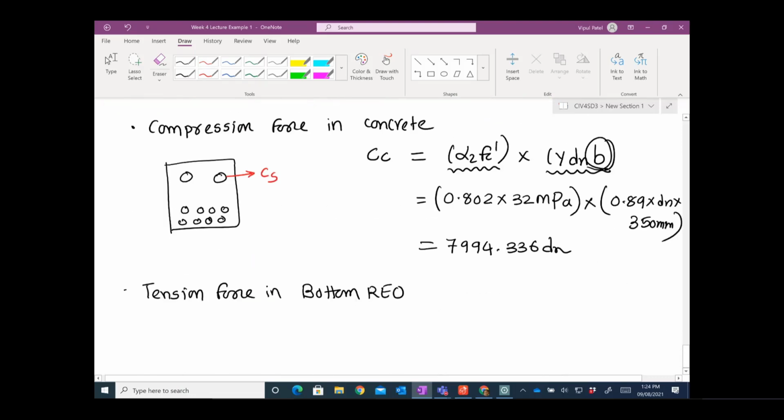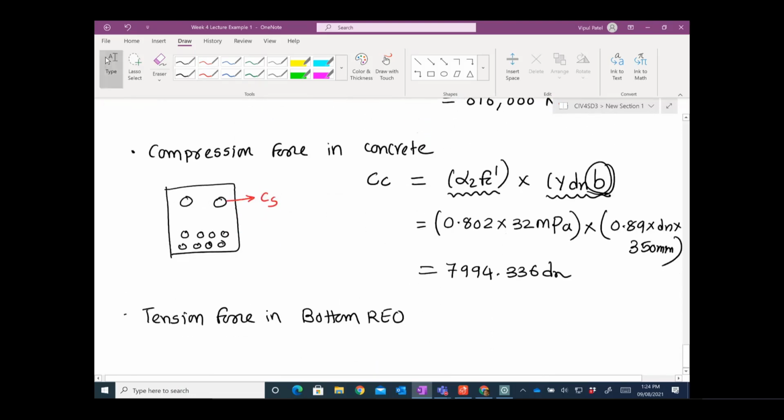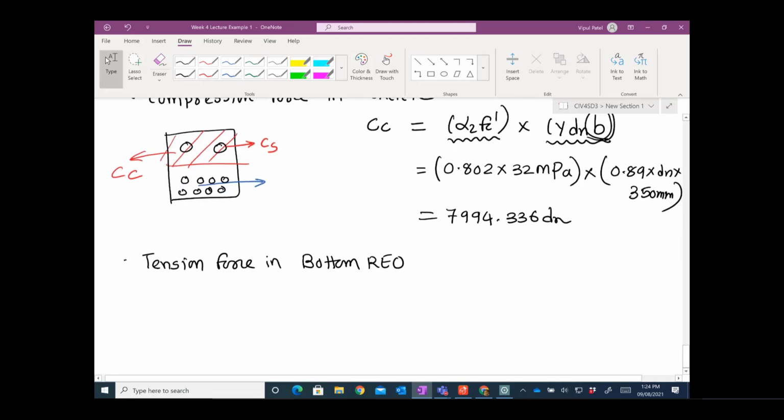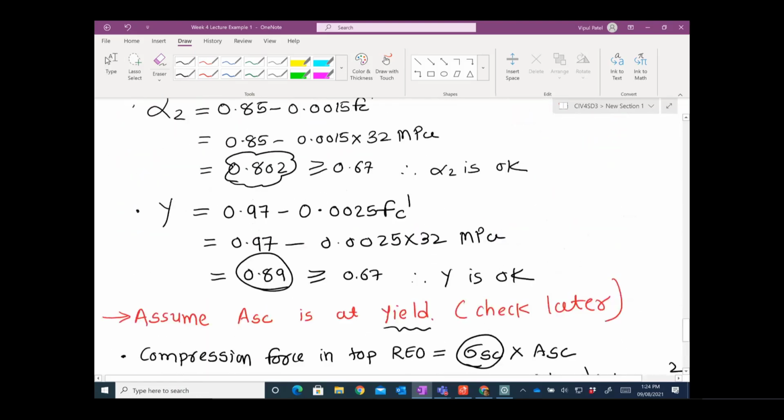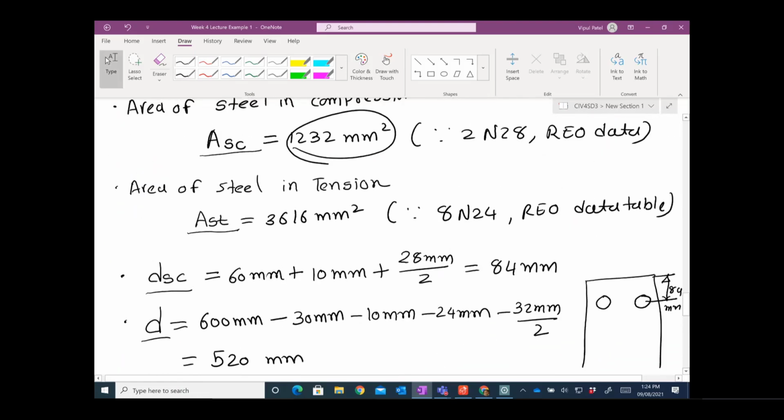This concrete one is Cc, and this one here, let me put the value as a tension. So this is the tension force. We're just calculating the tension force. Again, of course this bottom steel will be yielded, no doubt about it, because the area of the steel in the bottom we have calculated is 3616 millimeter square.